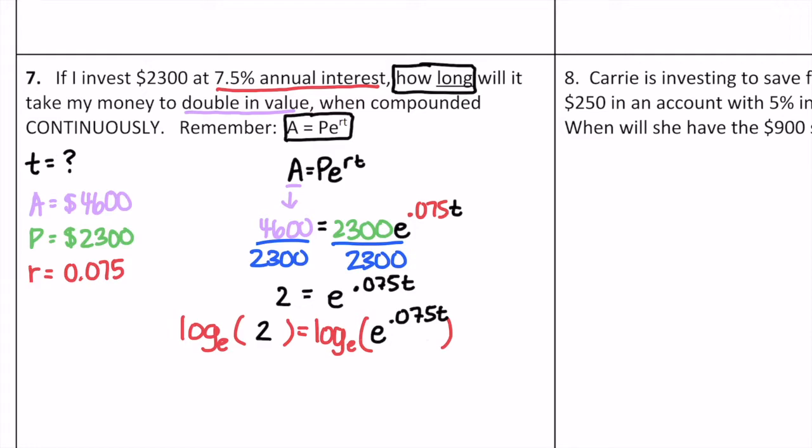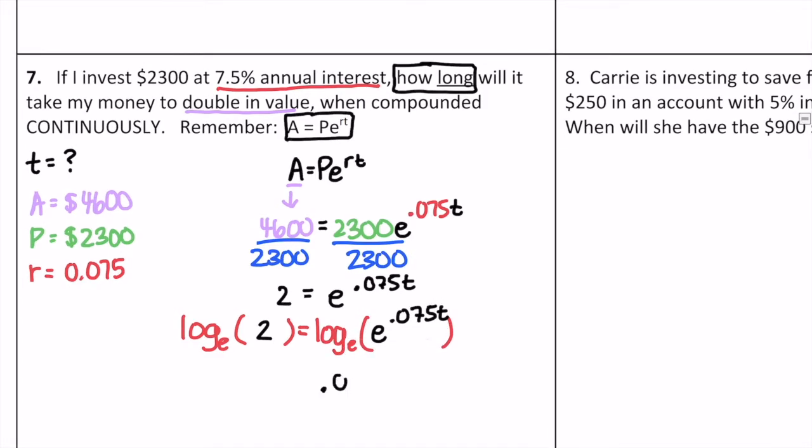And on the right-hand side, I'm asking, what do I have to raise e to get e to the 0.075t power? And that is 0.075t. On the other side, log base e is the same thing as ln, which I see in my calculator. So I'm going to rewrite this as ln of 2. The last thing I'm going to do to get t by itself is divide by 0.075 on both sides.